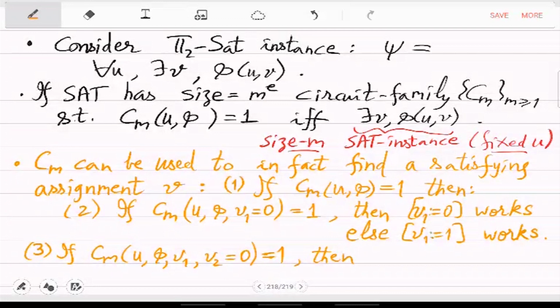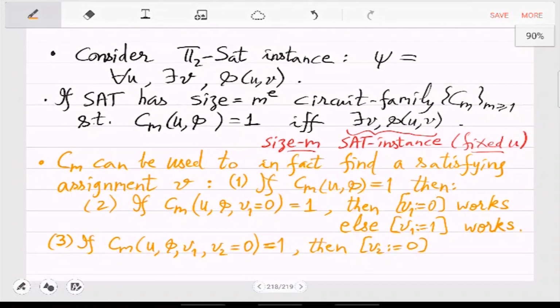So if V2 equal to 0 works, then fine, else you set V2 to be 1. Now V1, V2 both are fixed and you keep going.